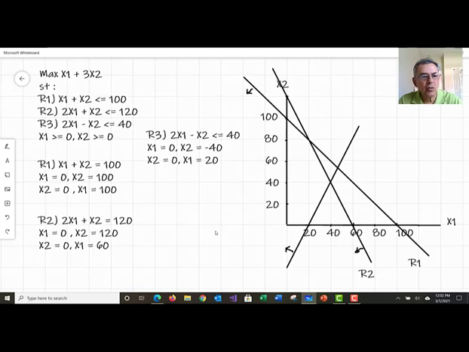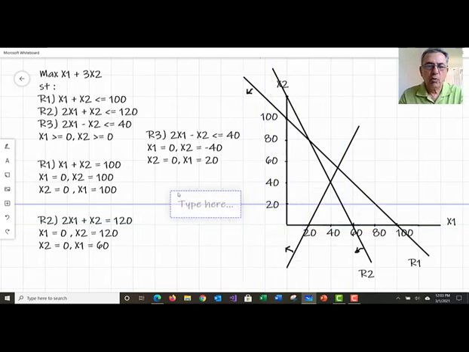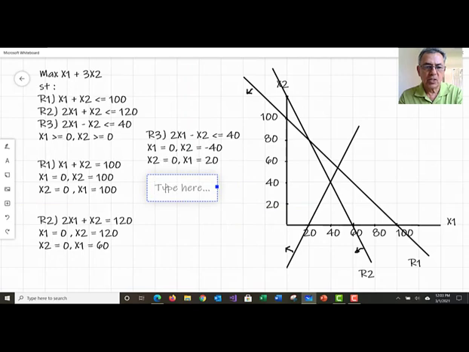So let's go ahead and do the same thing here. For convenience, again, I have to set the objective function to some arbitrary number in order to be able to draw the line. For convenience, I'm going to set the objective function at 60. So if I let 60 equal to x1 plus 3x2, I can draw one of the objective function lines.